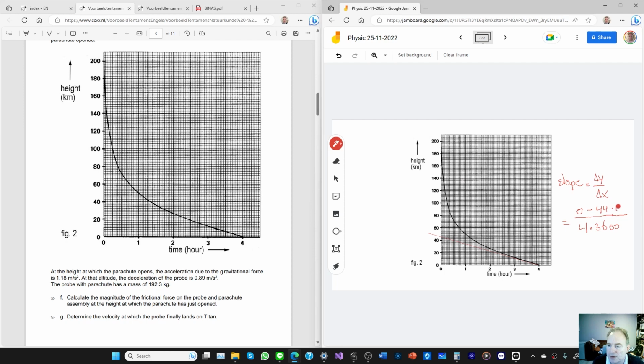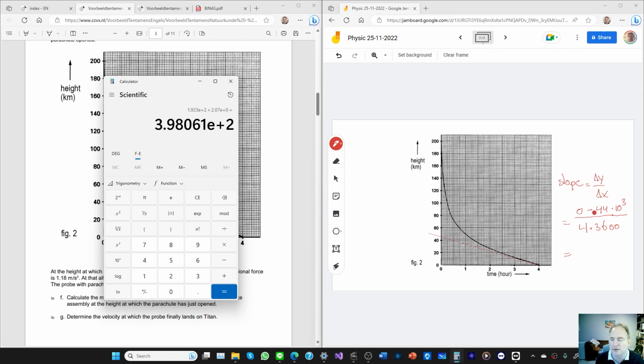And here we need to multiply, let's just give the velocity in meters per second. So 44 times 10 to the power 3. And you can see it has a negative sign, since it goes in the negative direction.